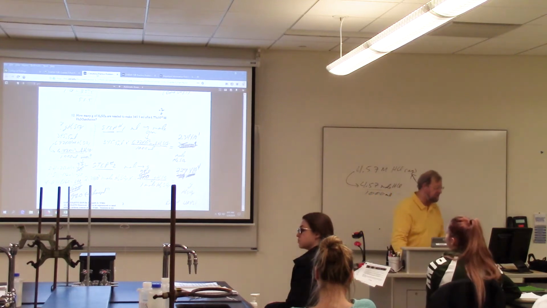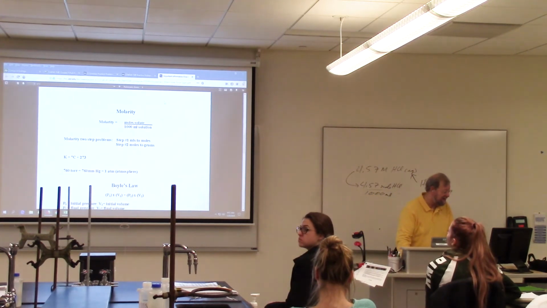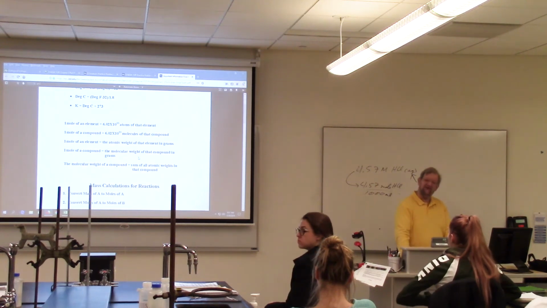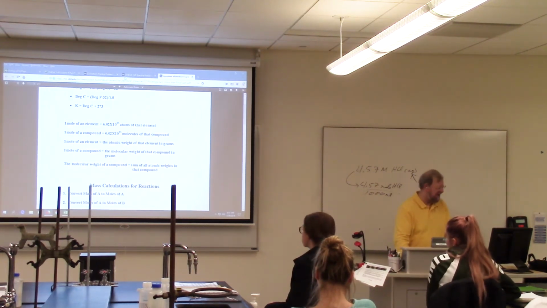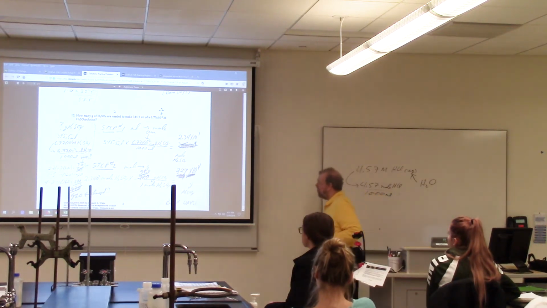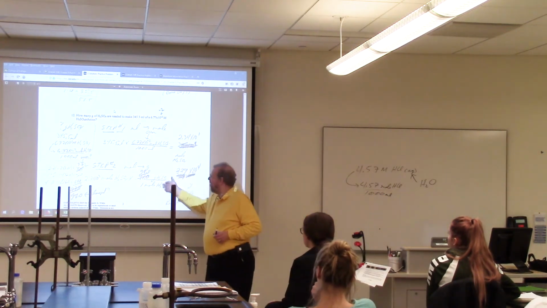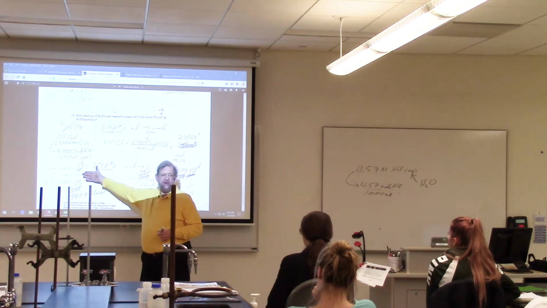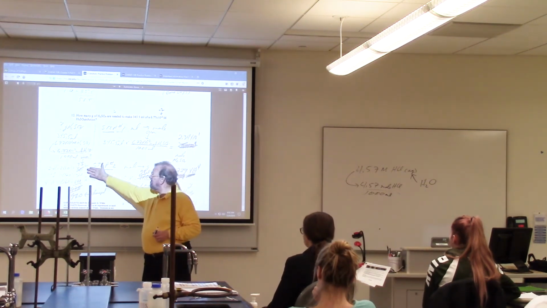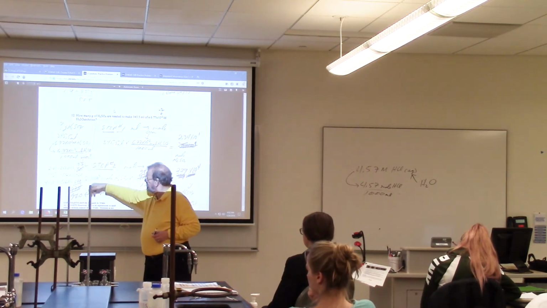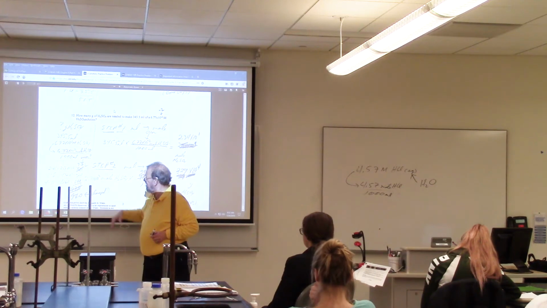And just to show you, it's right here, important information. And now, let's go back here. Where do we get this? 1 mole equals the molecular weight. The molecular weight is 2 hydrogens, 1 sulfur, 4 oxygens.